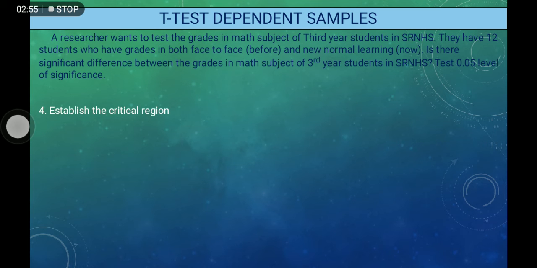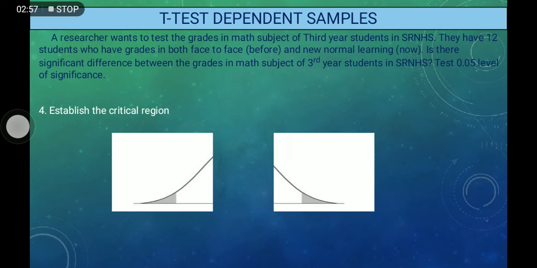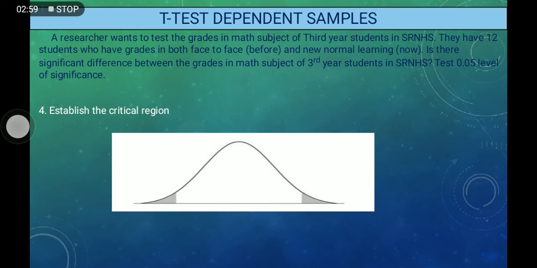Step 4. Establish the critical region. So, ito yung illustration ng critical region ng two-tailed non-directional test. Yung 0.05 dinivide sa 2, kaya sa left side is meron tayong 0.025 and sa right side is meron tayong 0.025.